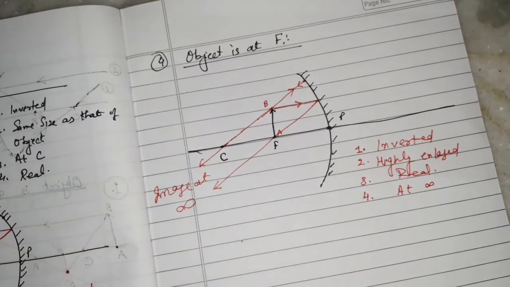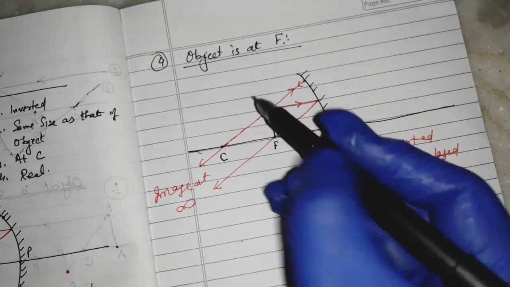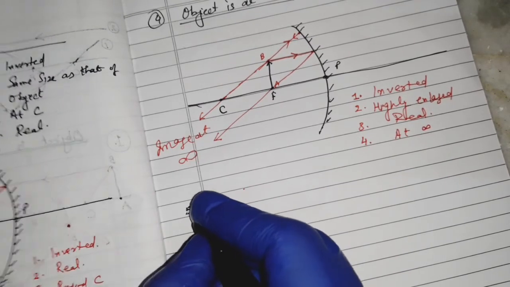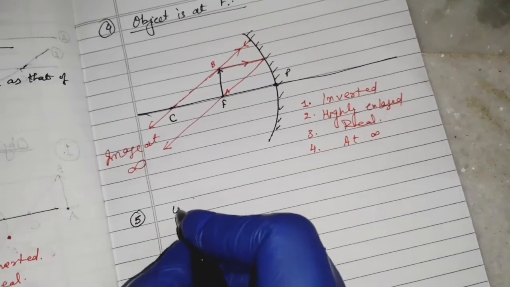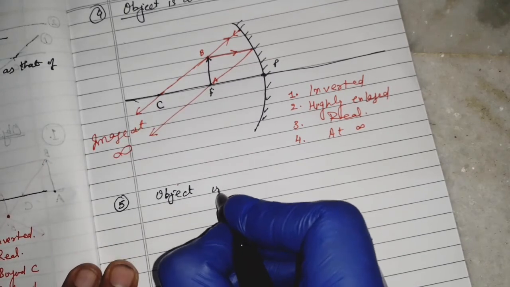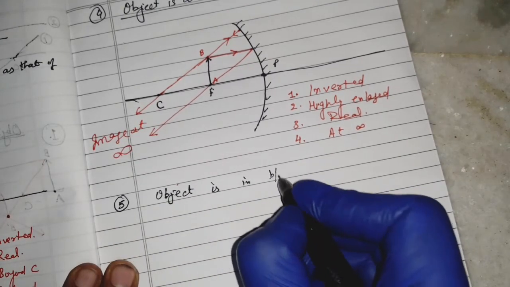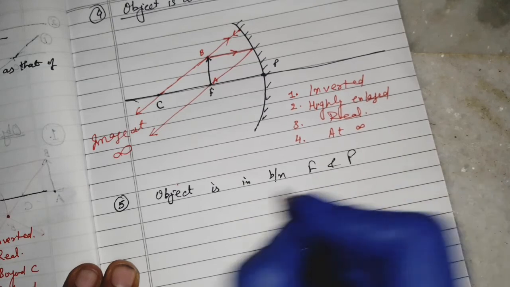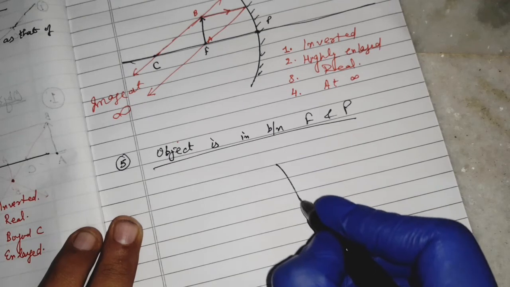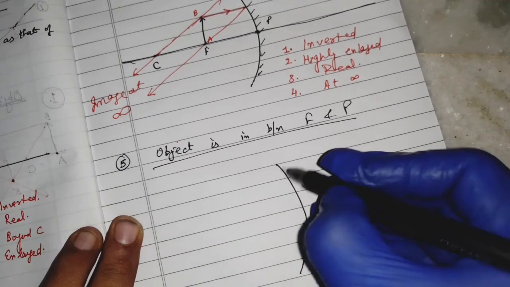Now the 5th case we are going to take is when the object is in between F and P. What will happen here? So here is your concave mirror.